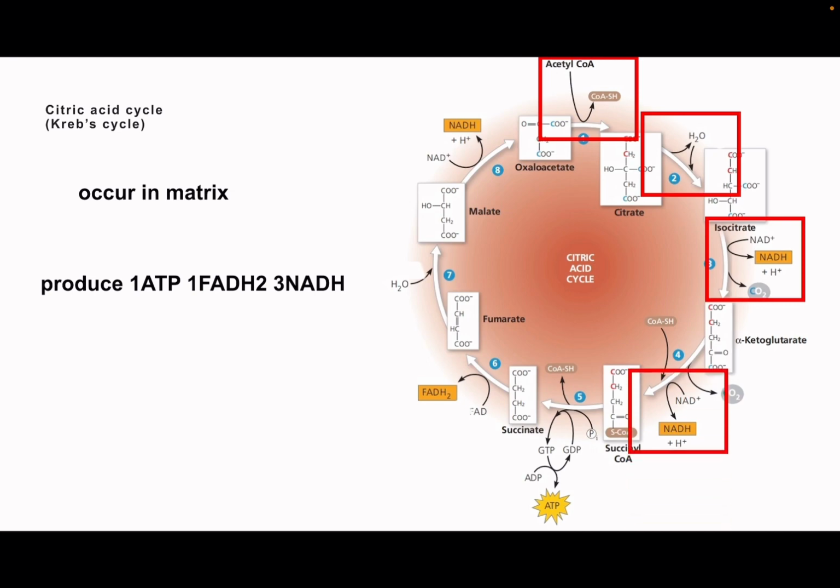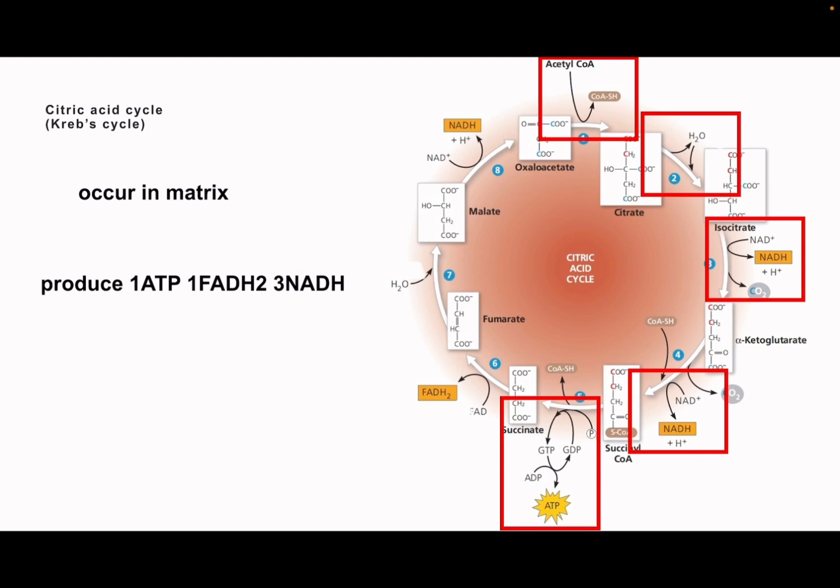Another carbon dioxide is lost, and the resulting compound is oxidized, reducing NAD+ to NADH. The remaining molecule is then attached to coenzyme A by an unstable bond. Coenzyme A is displaced by a phosphate group, which is transferred to GDP, forming GTP, a molecule which functions similarly to ATP.